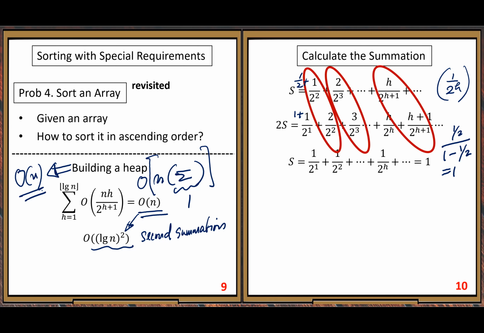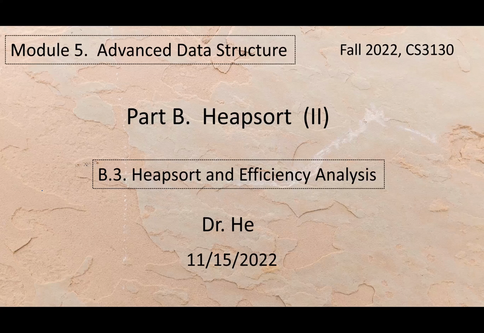All right. Then the last topic, B.3, Heapsort and efficiency analysis. We have less than 10 minutes, but this part is pretty easy. After the preparation so far, we're almost there. The last step is just some simple work, but the Heapsort idea is quite interesting.